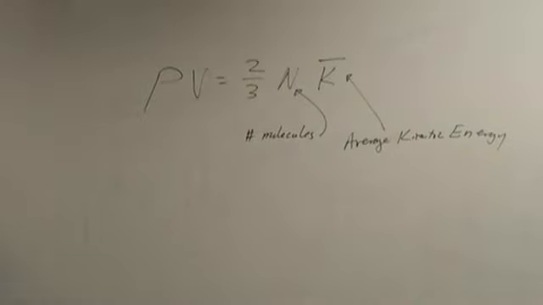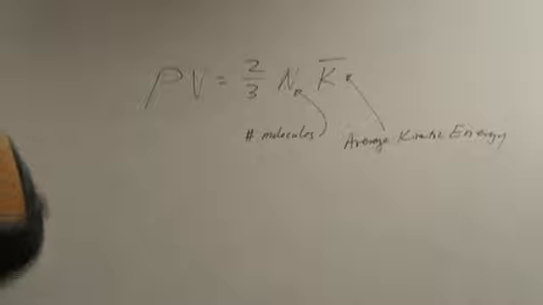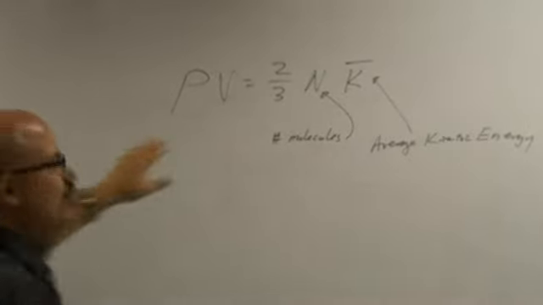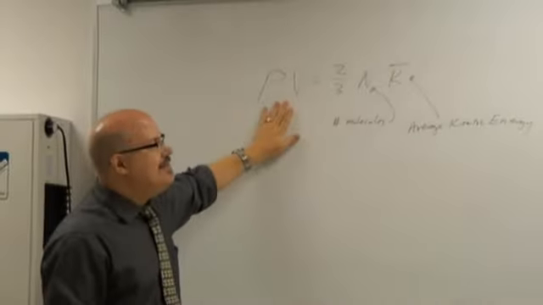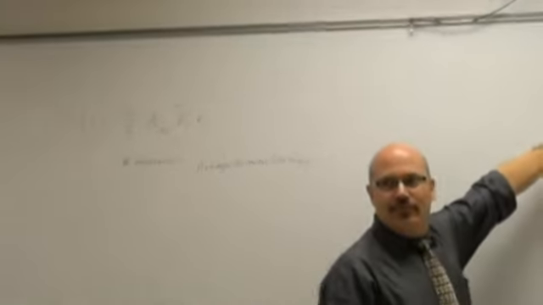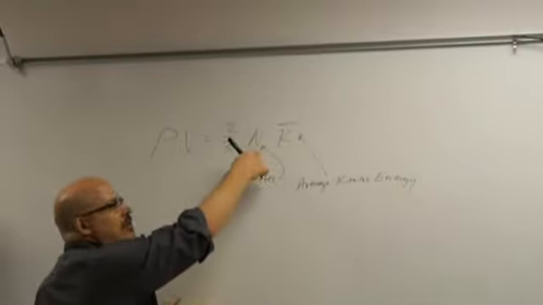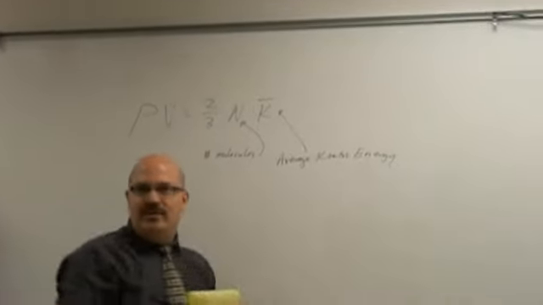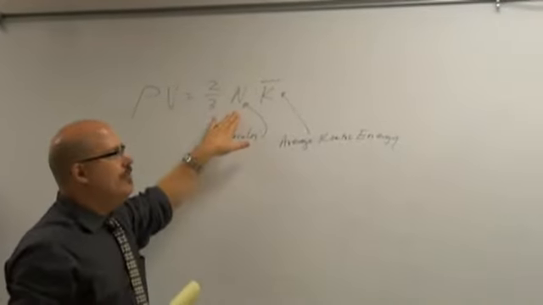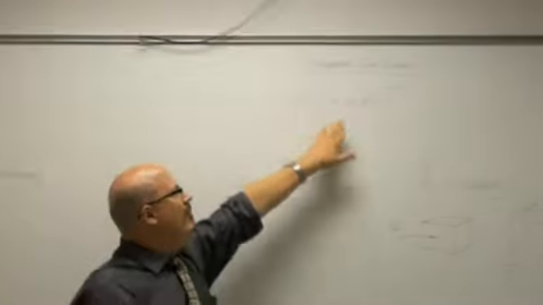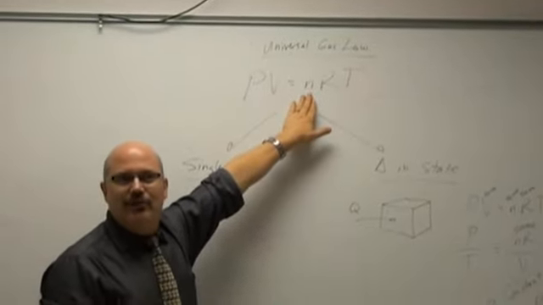All right, so, hang on. A couple of things come out of this. First of all, it looks vaguely familiar. The left-hand side looks just like this. And do you see that we have 2/3 number of molecules, which is related to number of moles by way of Avogadro's number, right?